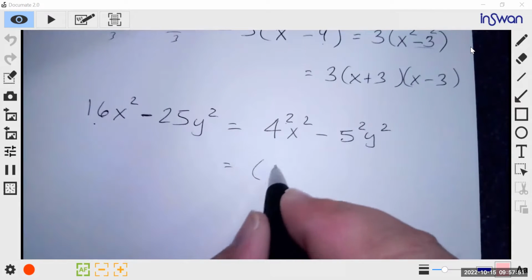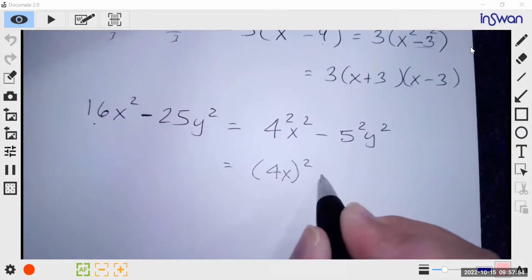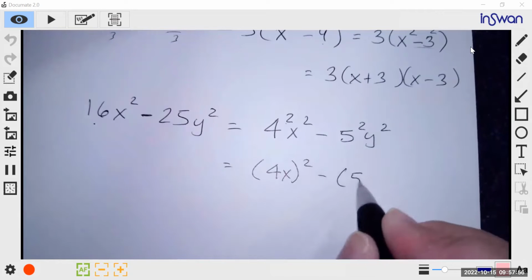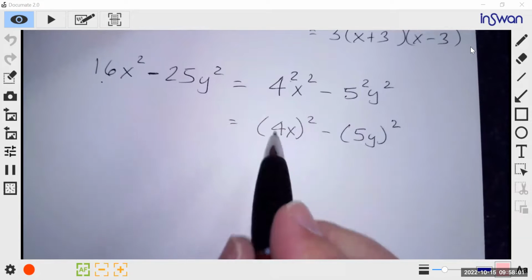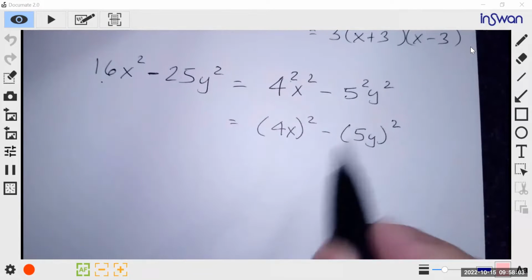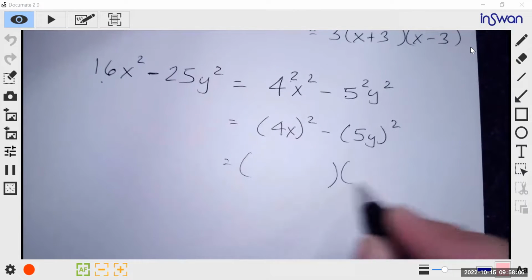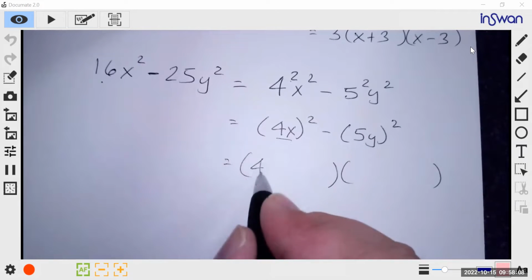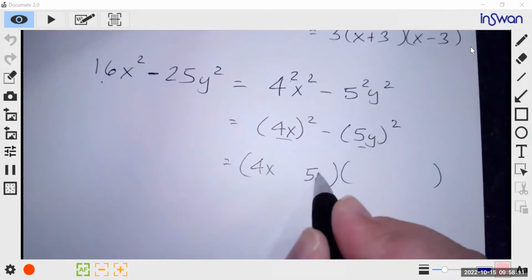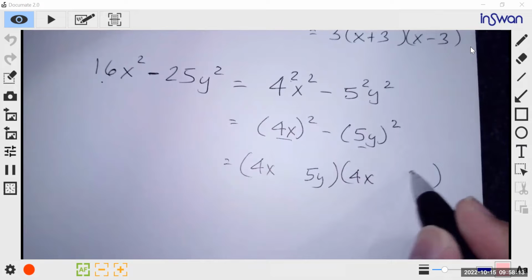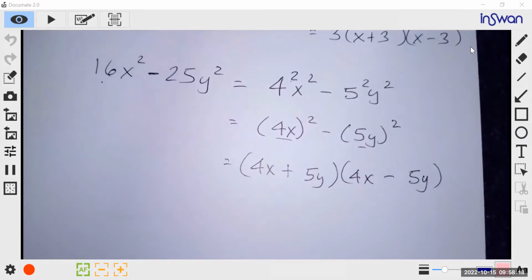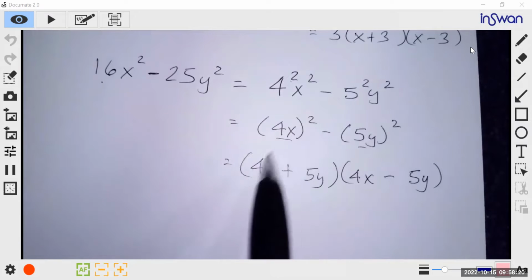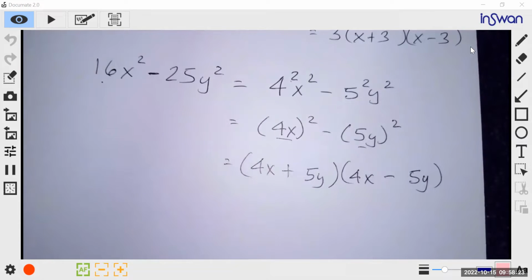Since they're both squared, I could put them under the same parenthesis. Now, since these numbers are both squared, it's going to be 4x, 5y. One's plus, one's minus. So if you can get two numbers or two terms under squares, then you can factor it out that way.